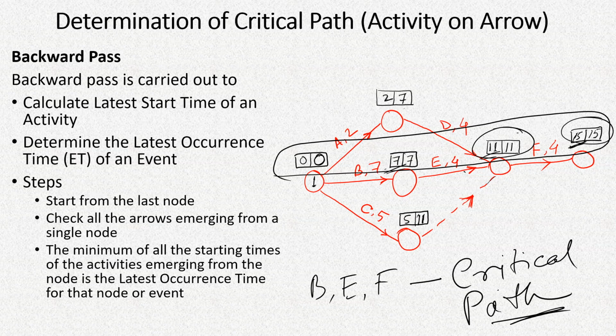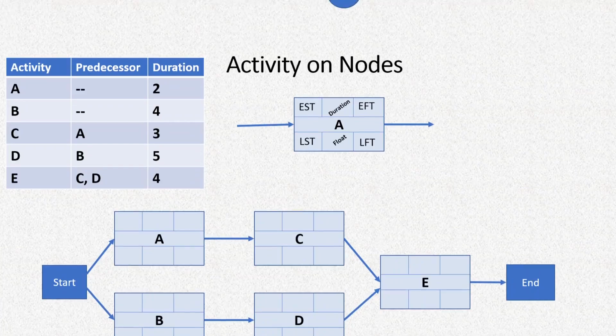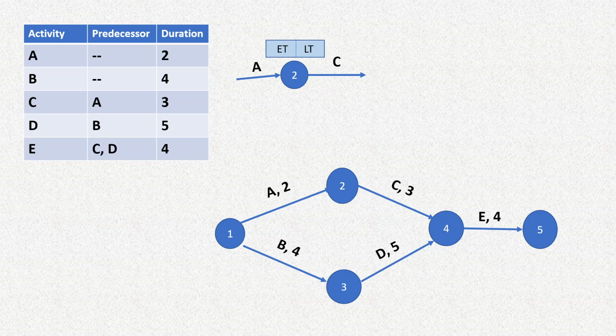So let's do a fresh example here, and this will be starting on activity on arrow method. So the activity can be drawn like this. It's a very simple activity network. So these are the durations.